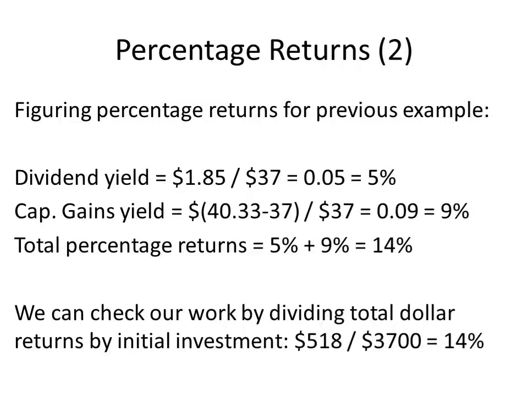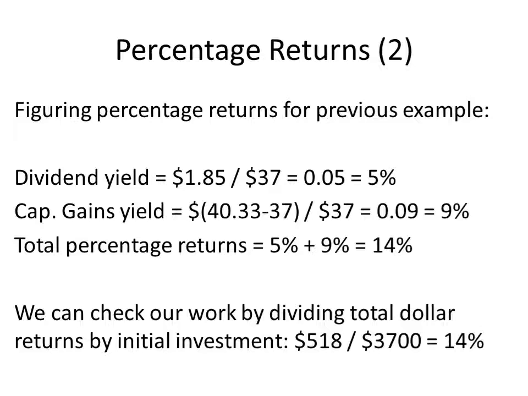Our capital gains yield is just 40.33, that's the price at the end of the year, minus 37, that's the price at the beginning of the year, divided by 37, the price at the beginning of the year. If you do the math on that one, you get 0.09 or 9%. So how do we get total percentage returns? All we have to do is add dividend yield and capital gains yield. 5% plus 9% is equal to 14%.